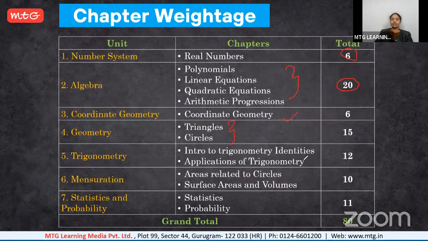Moving further, trigonometry. One of the vast topics which you will be covering in your class 11 and 12. So all the foundation of those will be covered in this trigonometry, which has a weightage of 12 marks for 2 chapters. And here you can see 15 marks for 2 geometry chapters. So 4 chapters are this.